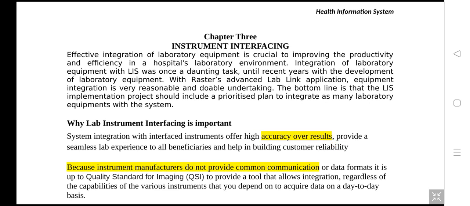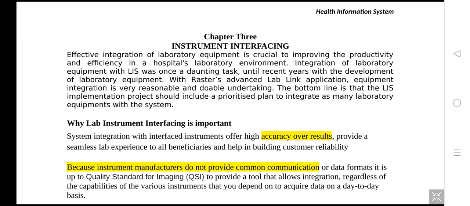Just want to mention one thing: not all manufacturers of laboratory equipment have designed it with an interface to an information system. Sometimes we may require an interface between a laboratory machine, a digital equipment, and the system.